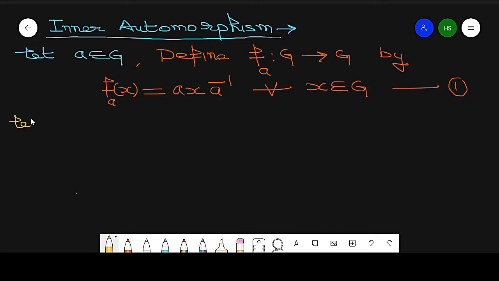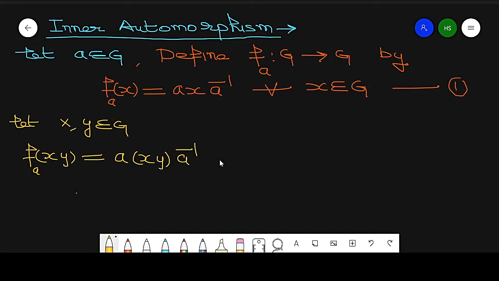Let x and y belong to G. So f_a(xy) can be written as a x y a inverse, which is a x identity y a inverse, that is a x a inverse a y a inverse.